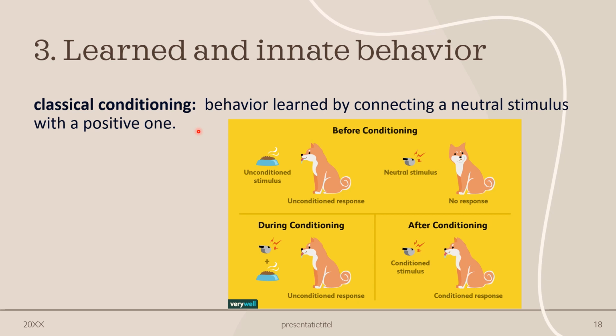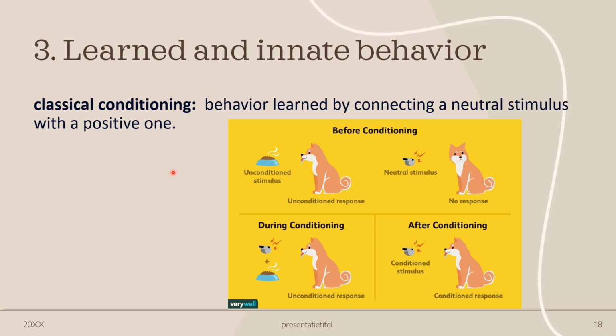So I will change the environment in a way that there is a neutral stimulus, a stimulus where the organism doesn't react, or there's no reaction from itself, and I want it to react to it in a positive way.